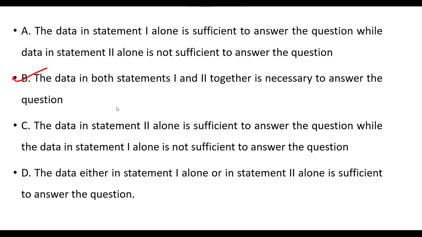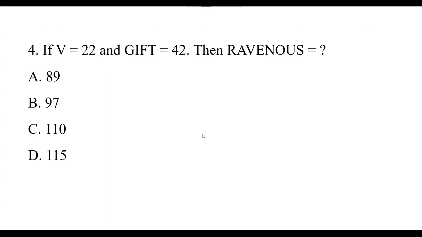Now let's try the next question. Answer 89. 110 or 115? 115. So here V is 22, it's forward coding directly, whereas if you try GIFT, 7 plus 9 plus 6 plus 20, whether it's 26 plus 16, 42, so we have to add.